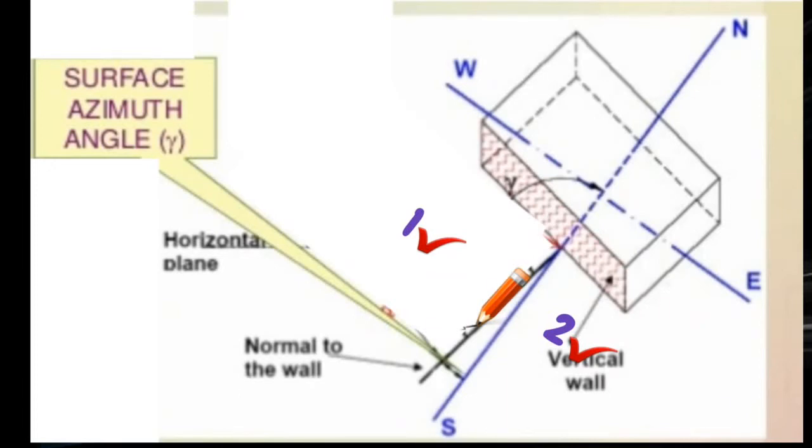If this normal is east of south, then we have to consider the positive sign for that angle. And if this normal or perpendicular line is west of south, that is, in between the west and south directions, then we have to consider a negative sign.